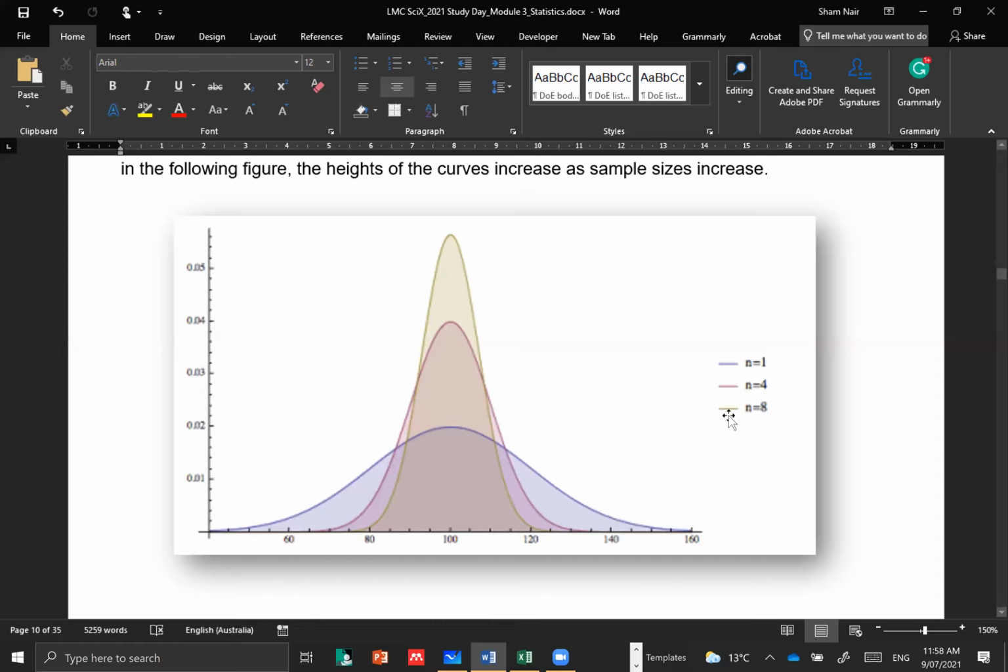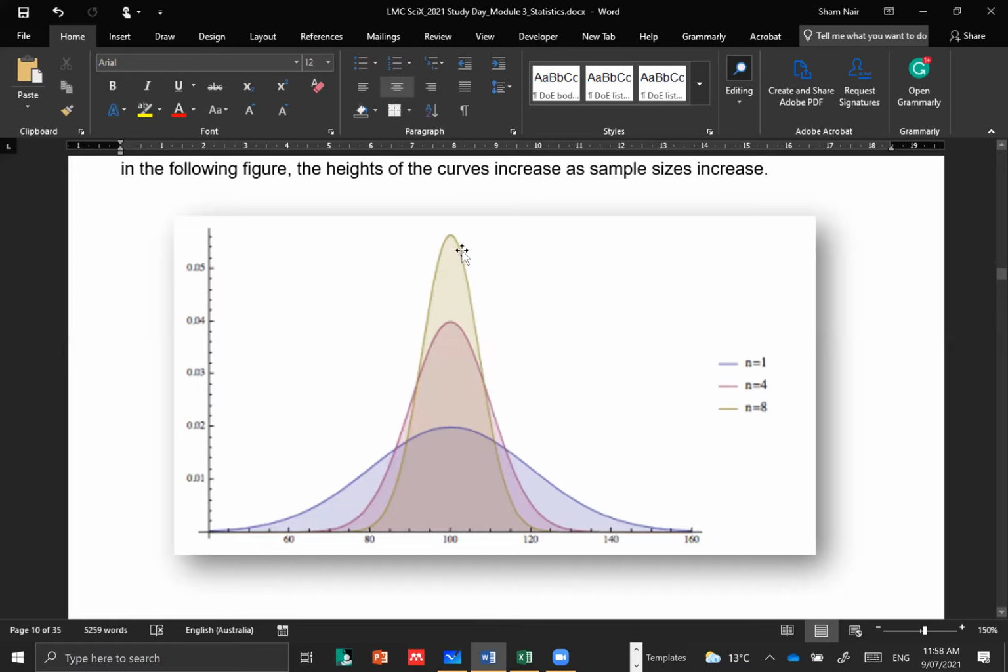If you repeated your experiment 7 times, a total of 8 measurements, you see the same phenomenon happening. The curve has become taller and skinnier. But what this graph is showing is that as the number of samples increases, in other words, the more you repeat some observation, the smaller your standard deviation is going to be.